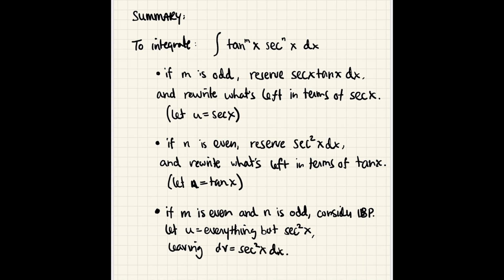So if you have an even power of tangents and an odd power of secants, then consider using integration by parts, letting u equal everything but secant squared and reserving that secant squared to go into dv for your integration by parts, which easily will integrate into tangent, and so your new integral will consist of a tangent factor multiplied by the derivative of whatever's left that you put into u. Let's see an example of this process.